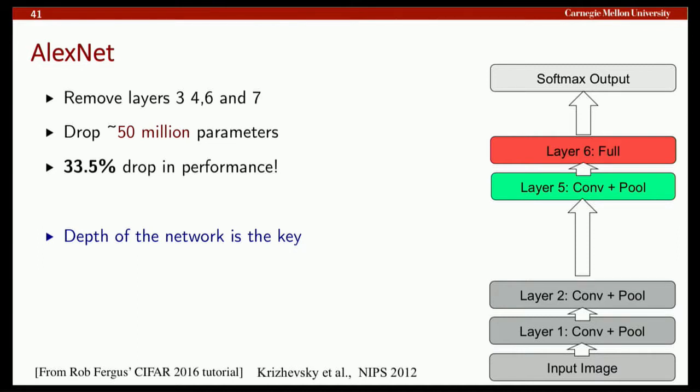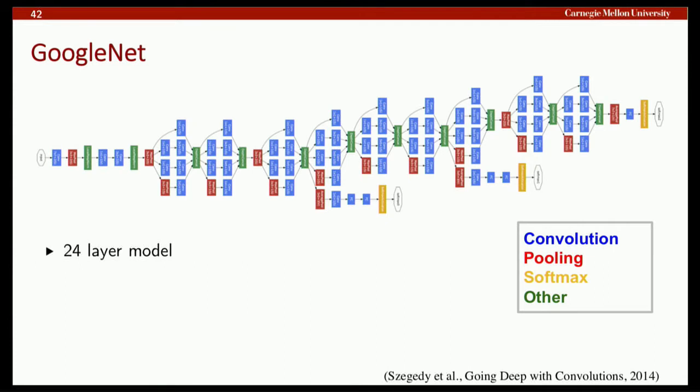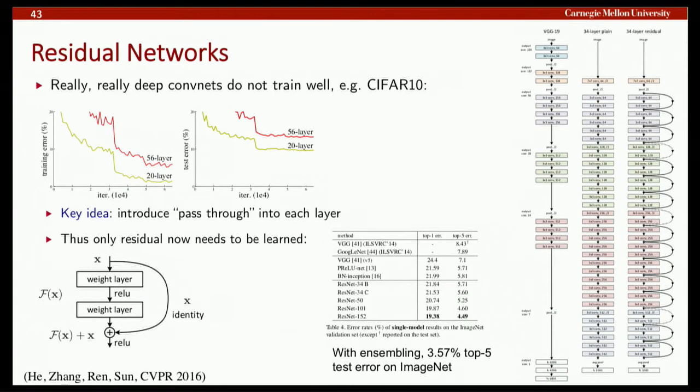Then in 2014, Google came up with the GoogleNet model, which had 24 layers, with again convolution, pooling, and so forth. It's a specific architecture that they designed that showed really good results and beat the state of the art on large-scale vision tasks. And then in 2016, Microsoft came up with another idea.